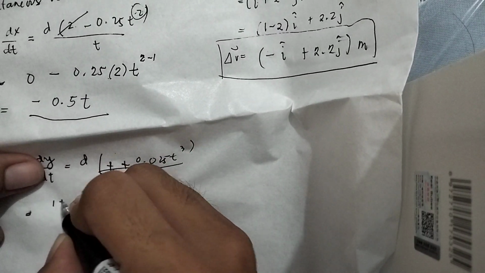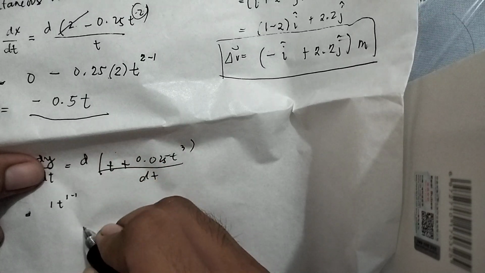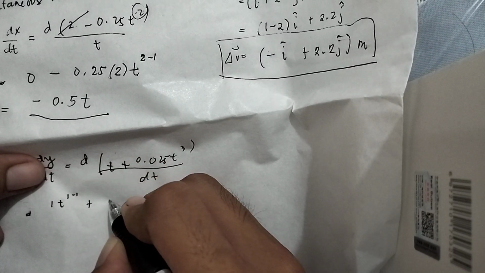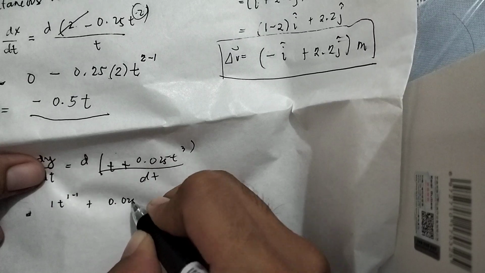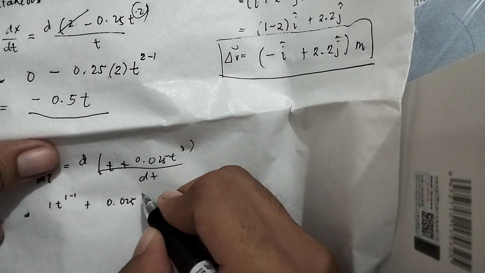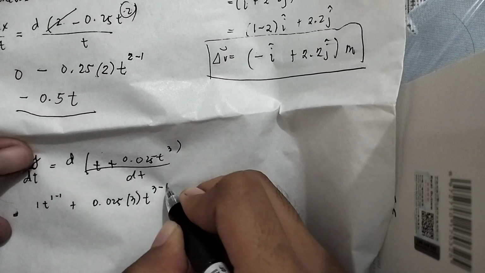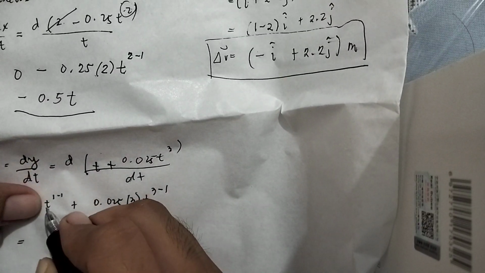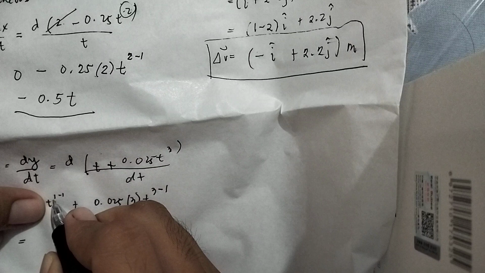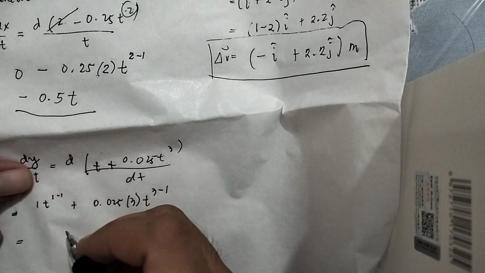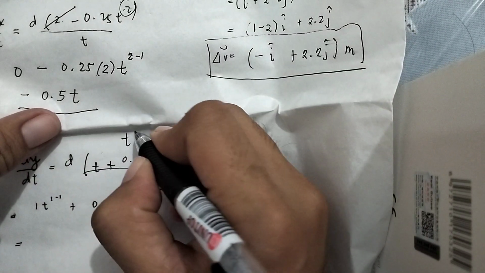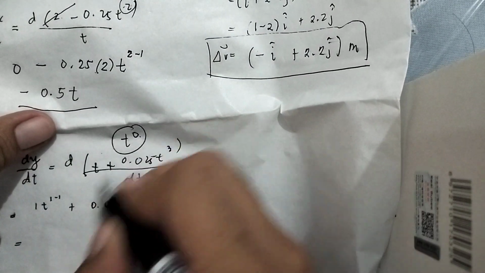So, 1 times t to the 1 minus 1, plus 0.025 copied, and then bring down the 3, then t to the 3 minus 1. 1 minus 1 is 0, and t raised to 0 is always 1.